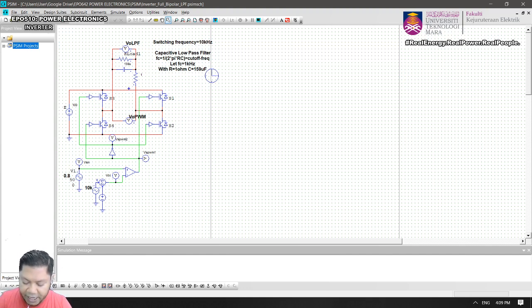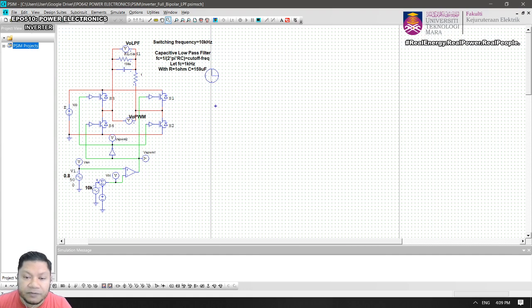So you add another element: you're going to add the R here as well as the capacitor here. And how to calculate that? So FC equals to, remember, low pass filter. I hope you are familiar with this.